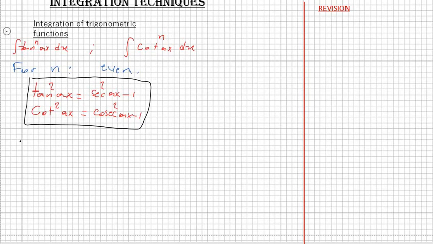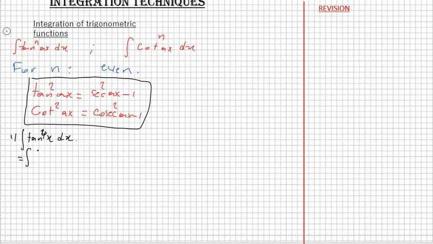So let's say for instance we have the integral of tan squared of x dx. So in this case, let's use tan to the power 4 dx. The first step is to write the function in such a way that it presents 2 as exponent.